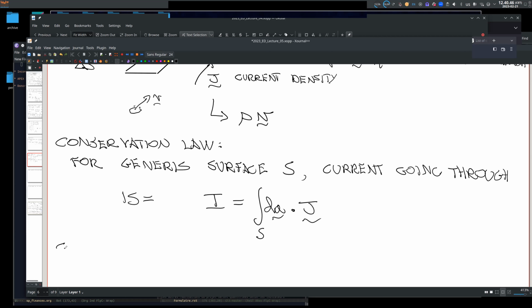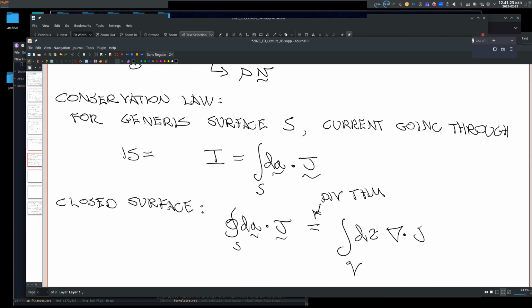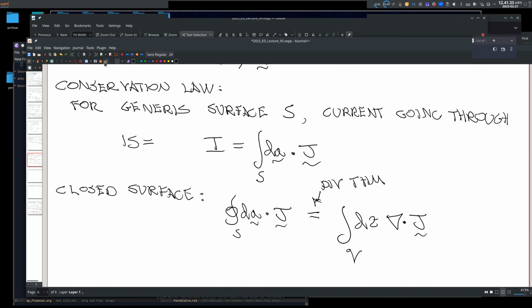Now, for a closed surface, I have the closed surface integral of dA dot J, but by the divergence theorem, I can rewrite that as the integral over the volume enclosed by this closed surface S of the divergence of J. I'm just using a mathematical identity, Gauss's theorem, to rewrite it like this.